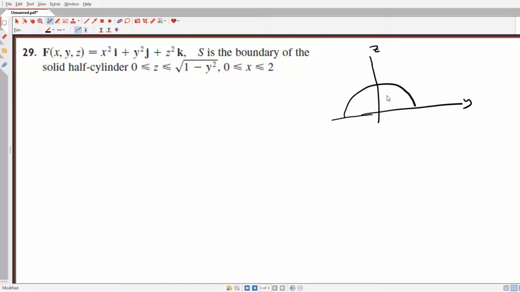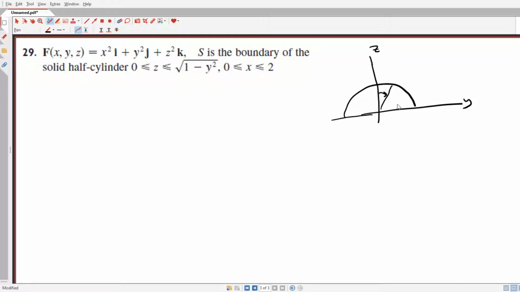Well, I'll just use phi, and I guess we can just say v is equal to x.